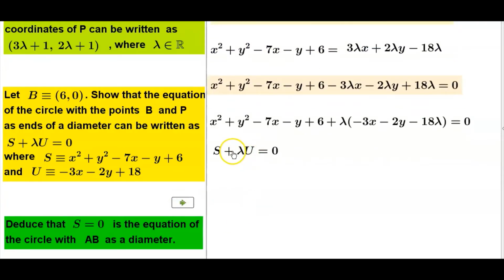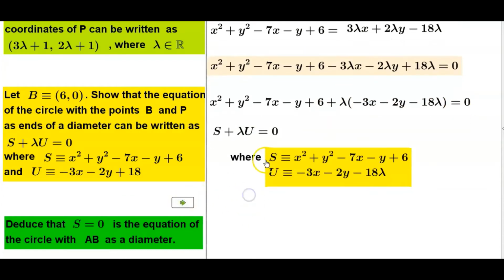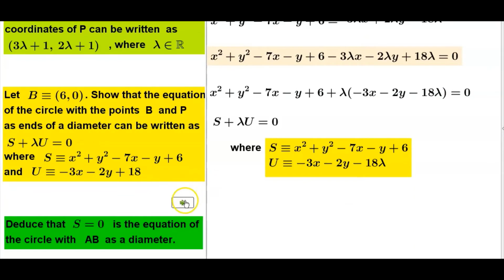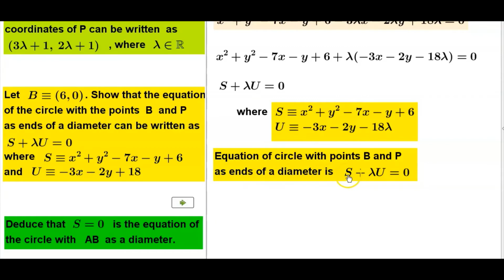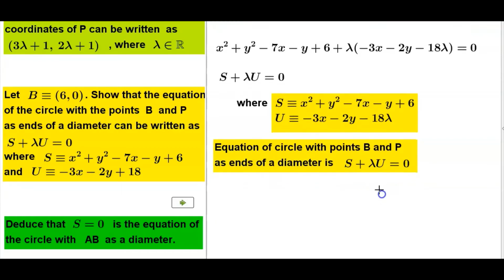This can be written as S plus lambda U is equal to 0, where S is x squared plus y squared minus 7x minus y plus 6, and U is minus 3x minus 2y plus 18. Therefore the equation of the circle with points B and P as ends of a diameter is S plus lambda U equal to 0. So this part is over.